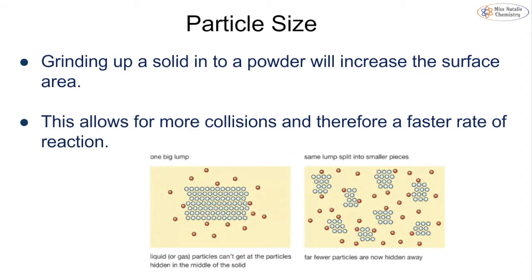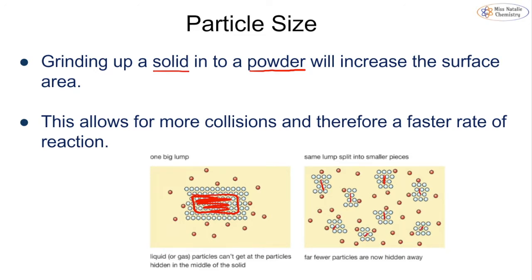So what does this actually look like? Well, if we take a solid and we put it into a powder, you can see in the diagrams that we're getting this increase in surface area. So if we have one big lump, all of this part in the center here is not going to be able to react. Whereas if we change it into smaller pieces, the parts that cannot react, we make much smaller.